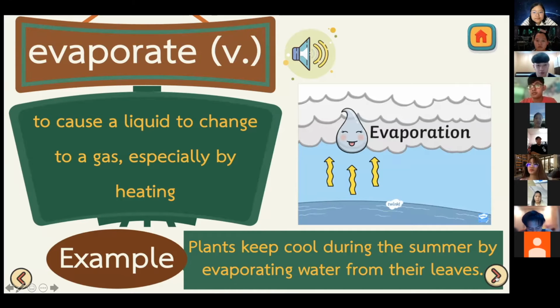For example, plants keep cool during the summer by evaporating water from their leaves. Gust, can you read this example to your friend again? Yes. Okay, plants keep cool during the summer by evaporating water from their leaves. Okay, very good. Let's move to the next word.